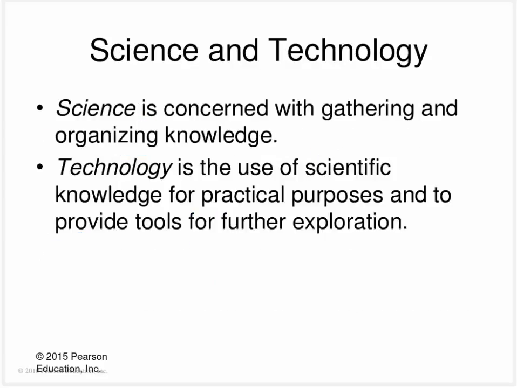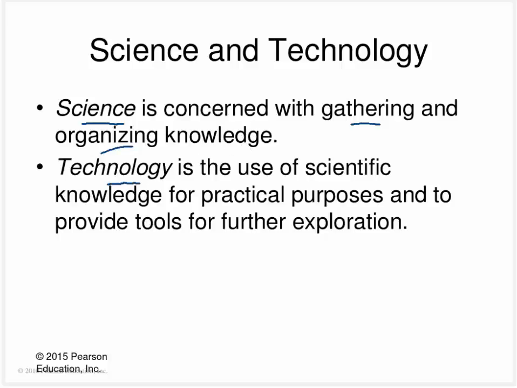Now, science and technology, sometimes they are used interchangeably, and in a lot of cases they can be, but they're actually a little bit different. Science is concerned with gathering the information, figuring things out, organizing it, and things of that nature.